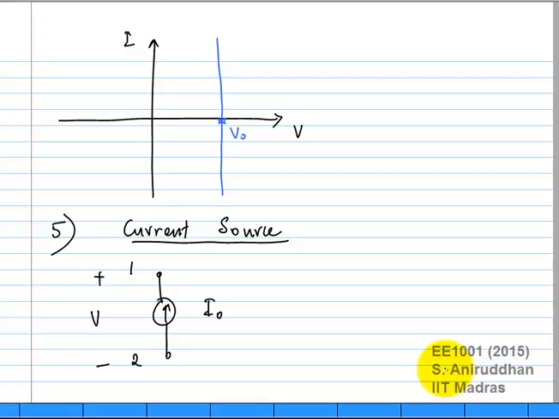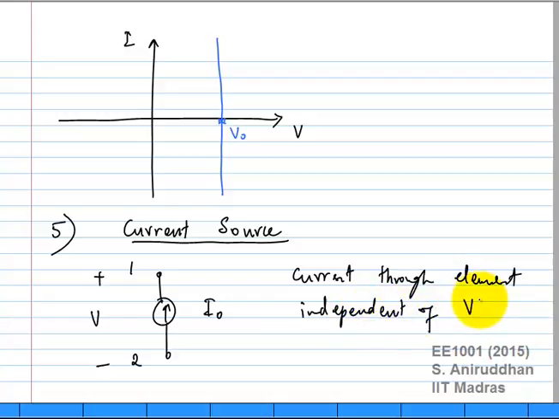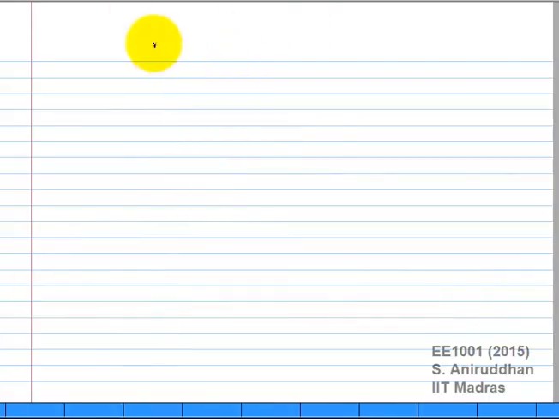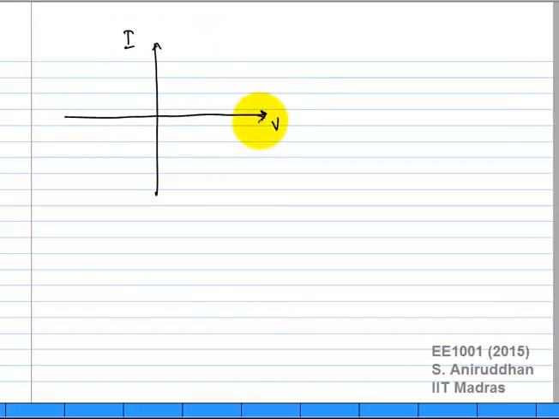So the current through the element will be constant irrespective of the voltage across its terminals, independent of V. So if you had to draw the IV characteristics for this, what would that look like?